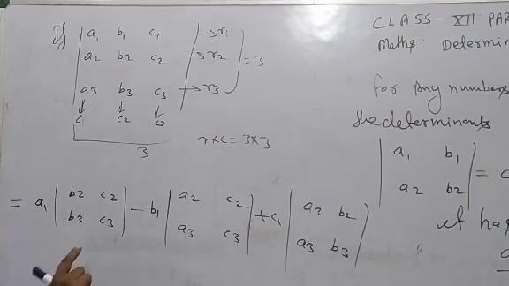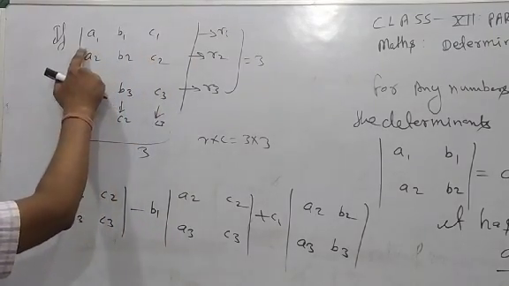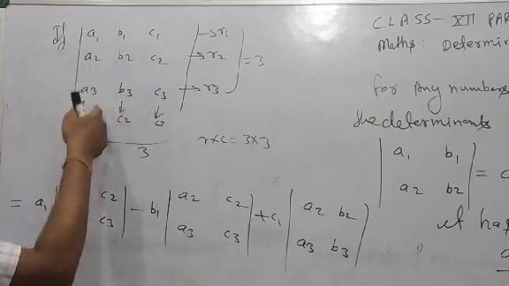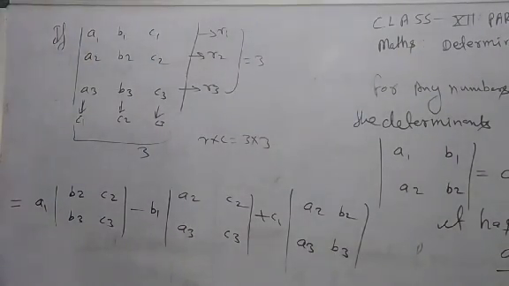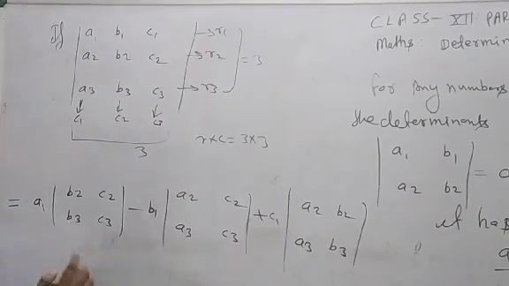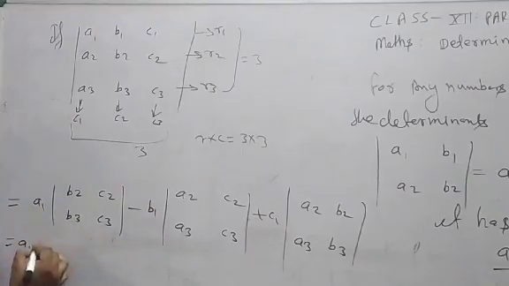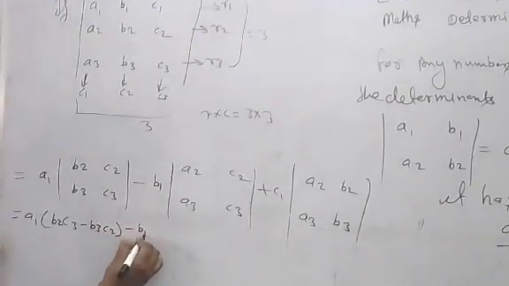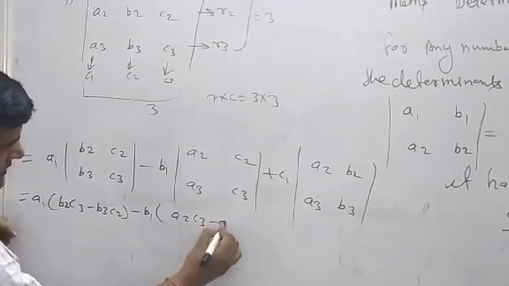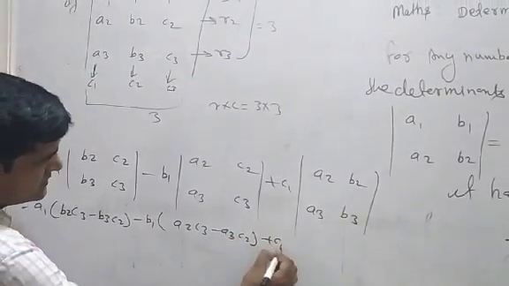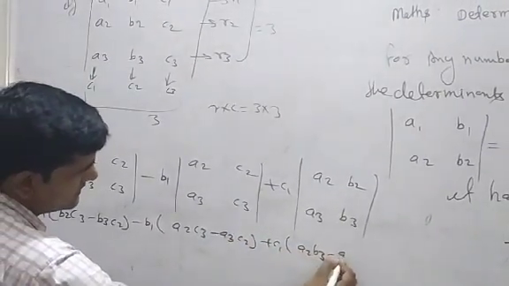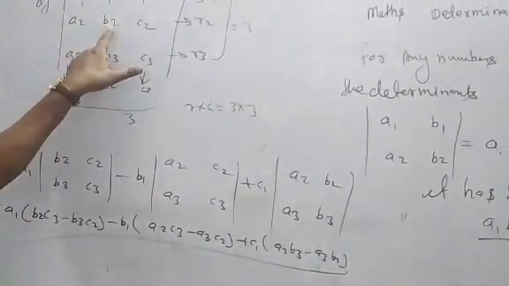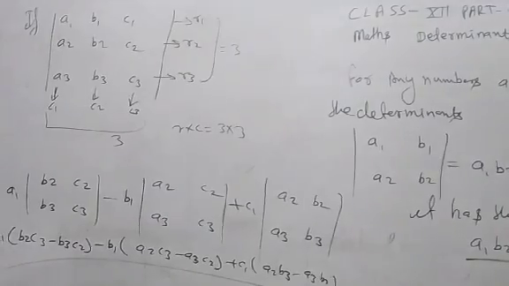It is not compulsory to take the first row. We can take elements of the first row, second row, third row, first column, second column, or third column. Understood? Clear? Then A1 (B2 C3 minus B3 C2), minus B1 (A2 C3 minus A3 C2), plus C1 (A2 B3 minus A3 B2). Now this is the value of expansion of a 3 cross 3 determinant. Understood? Good.